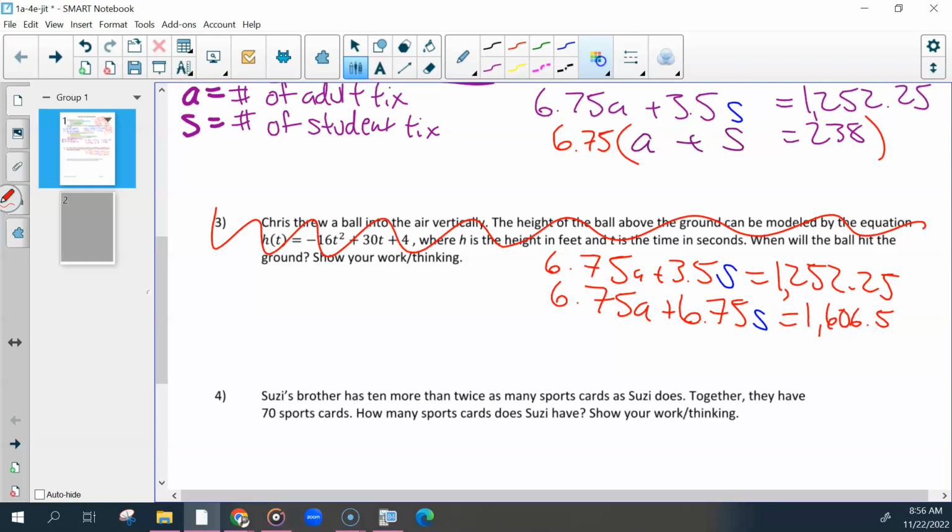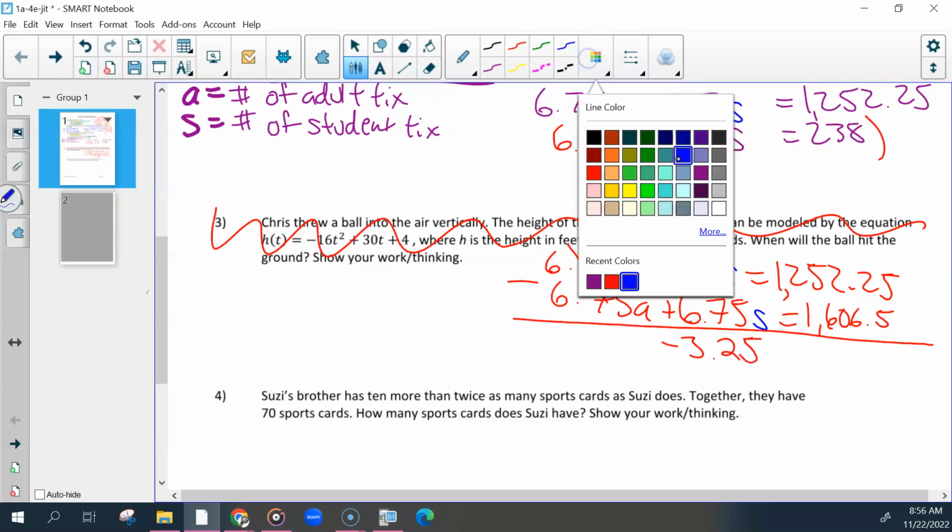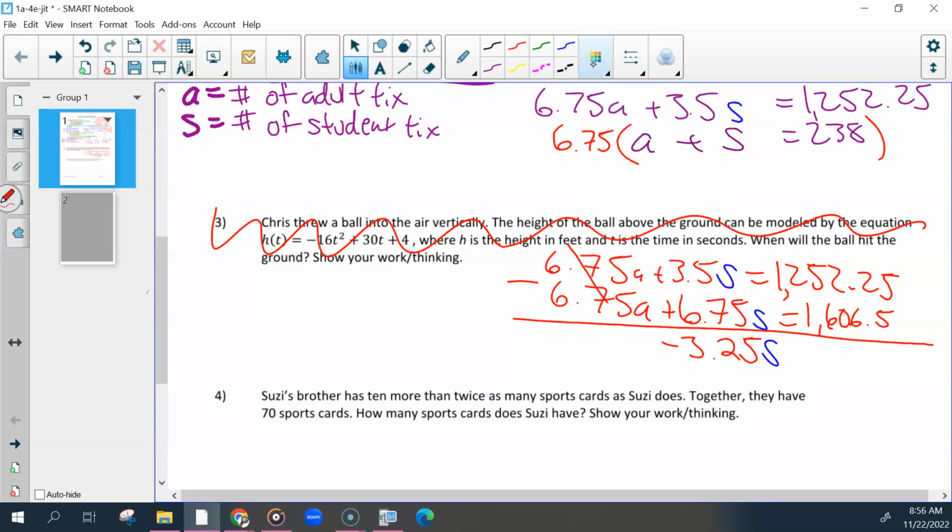To eliminate these, we would subtract. So we get negative 3.25S and negative 354.25.